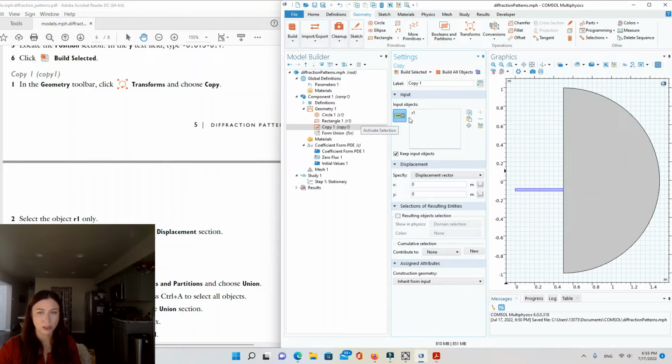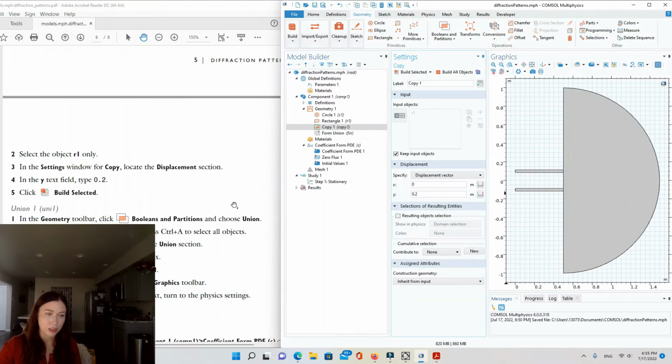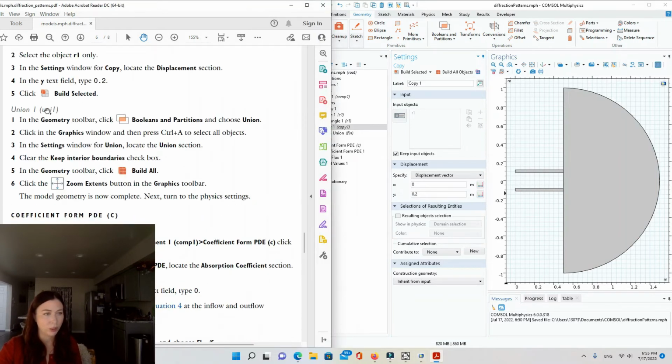We have a green here with R1 selected. Displacement is going to have a y displacement of 0.2 meters. That's build selected. So we have another rectangle, a similar rectangle displaced positive 0.2 meters on the y-axis.